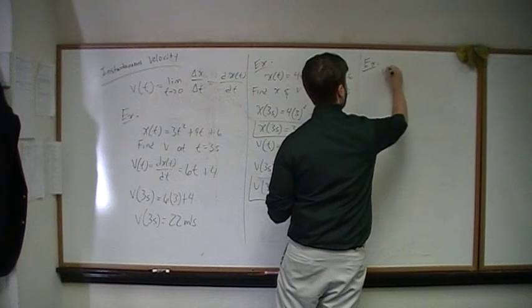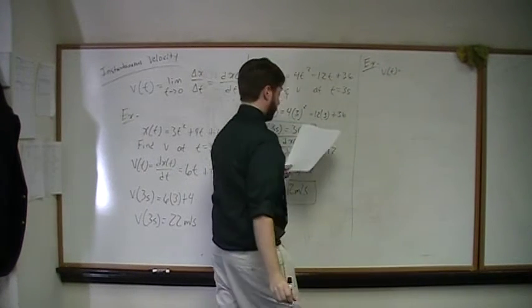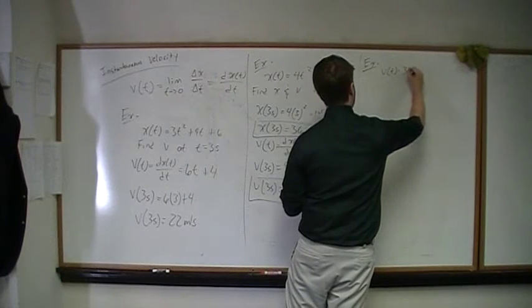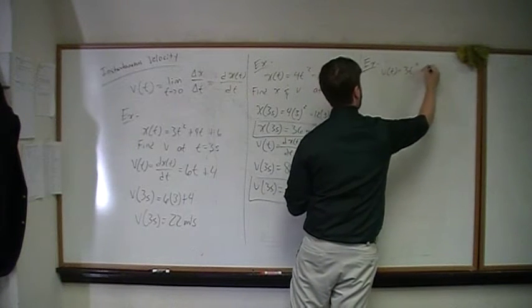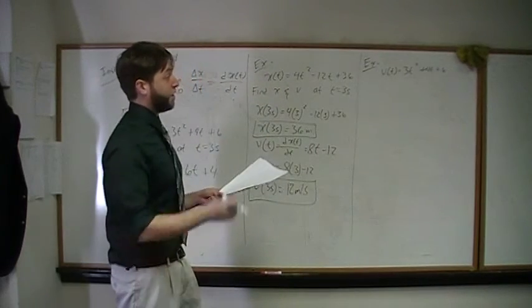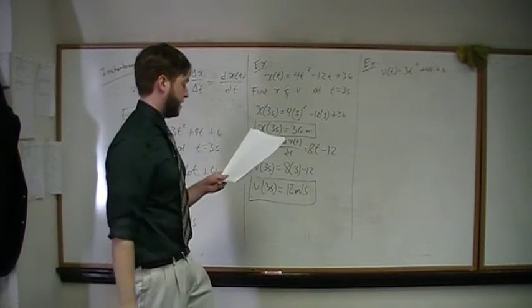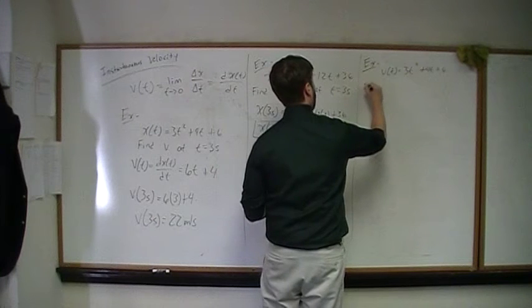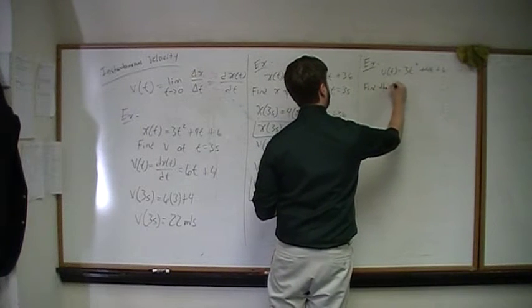Let's say I give you the velocity function. The velocity as a function of time is equal to 3t squared plus 4t plus 6.